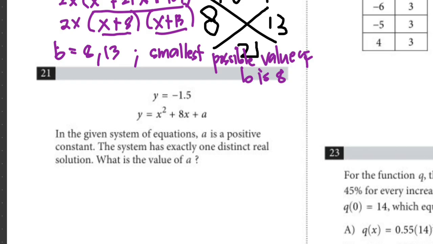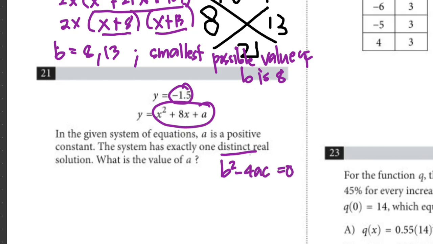So we can equate the two equations, both the y's. When we say exactly one real solution, that means the discriminant is equal to 0: b squared minus 4ac equals 0.